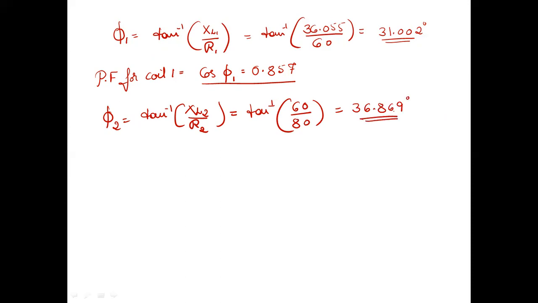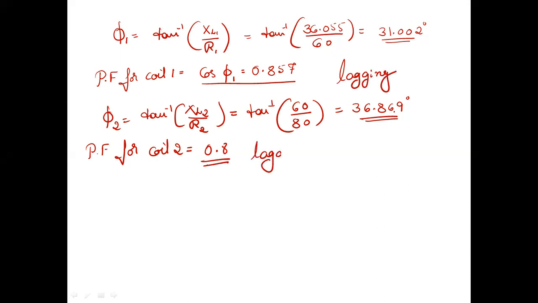This is the phase difference for the second coil, and power factor for coil 2 will be cos of 36.869. But remember, in both the cases, it will be lagging, because we have coils. Current is lagging the voltage.